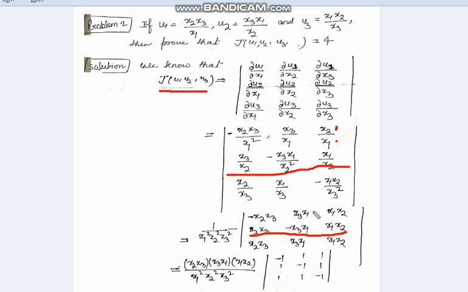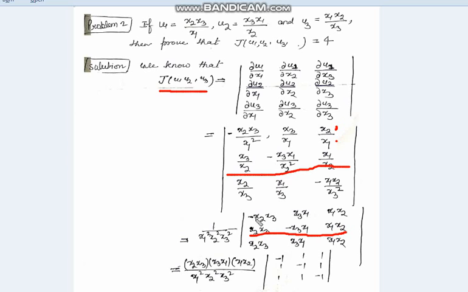And if we take 1 upon x3 square from the last row, we get x2, x3, x3, x1 and x1, x2. Now if we see the column first, x2, x3 is common in all terms.